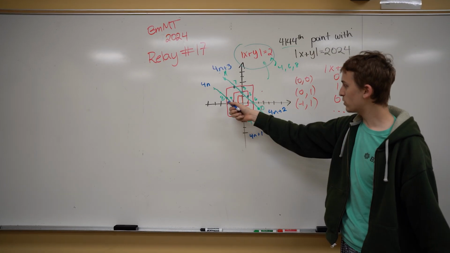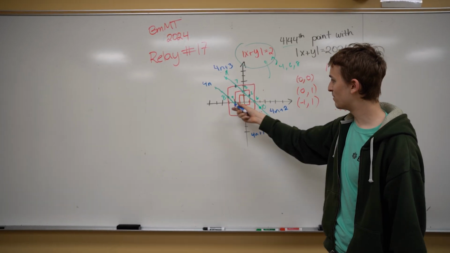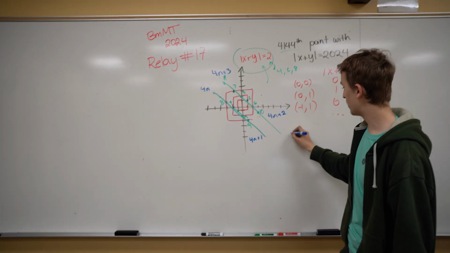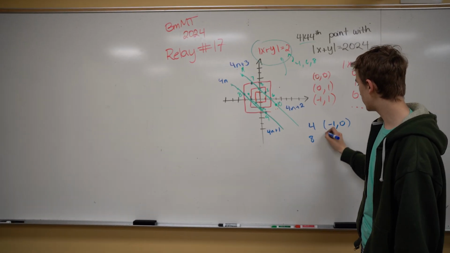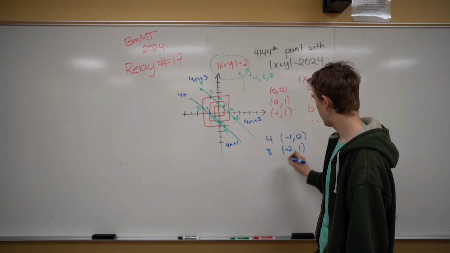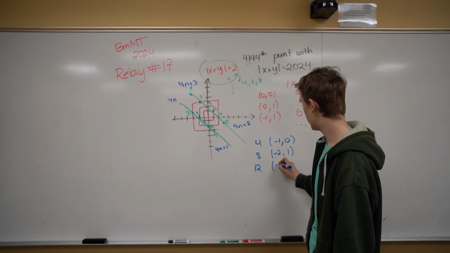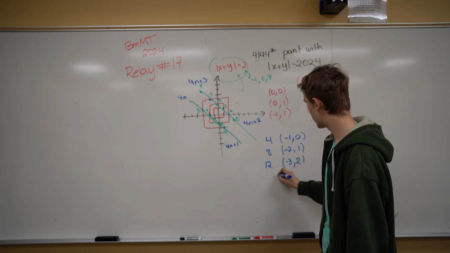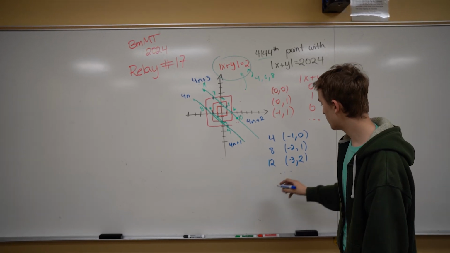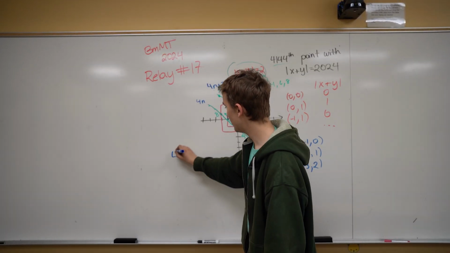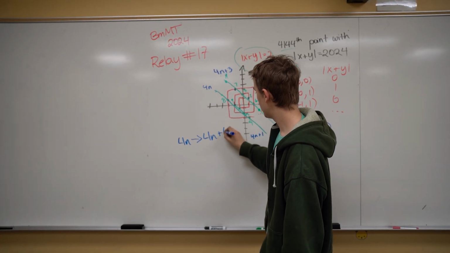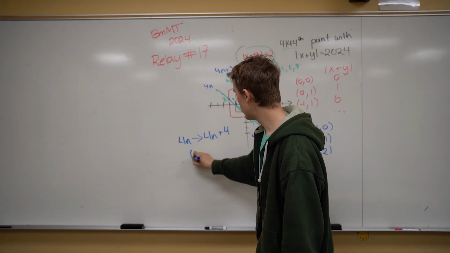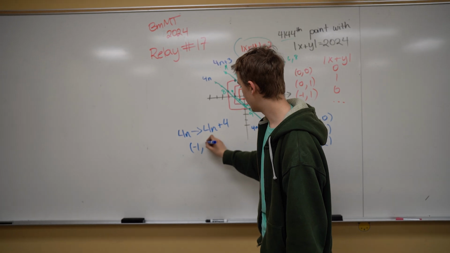And we can note a pattern among the intersections that are multiples of 4, where the 4th intersection is at -1, 0, and the 8th intersection is at -2, 1, and the 12th intersection is at -3, 2, and so on. So to get from the 4nth intersection to the 4n plus 4th intersection, we just move left by 1 and up by 1.